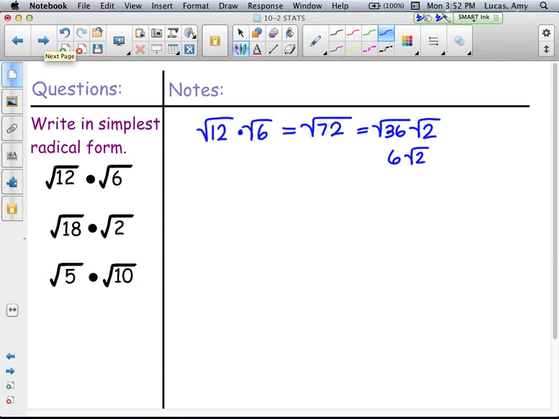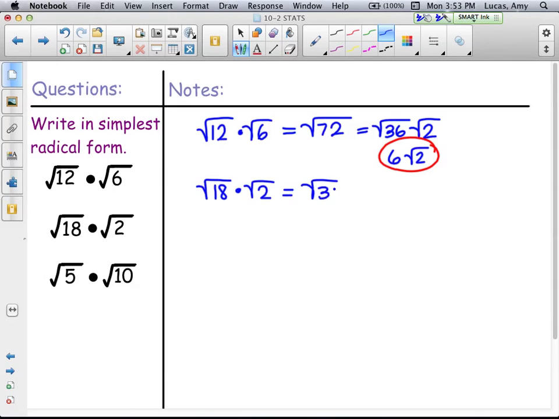So simplest radical form is 6 times the square root of 2, which you may not have seen from the original problem. So multiply and put them together using the radical product property.